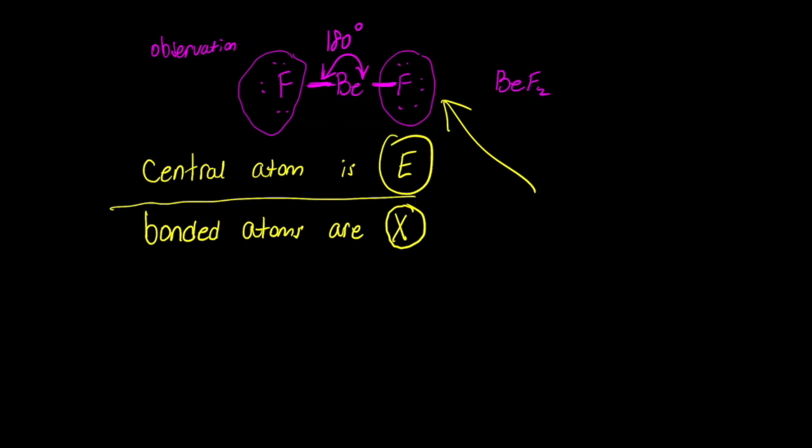this right here has the general form EX2. Okay, where you have a central atom bonded to two atoms. All right. Another example would be carbon dioxide. Carbon dioxide we're familiar with is CO2.